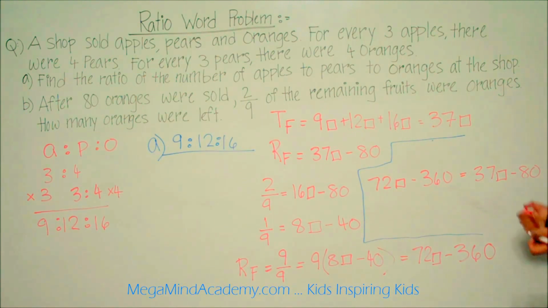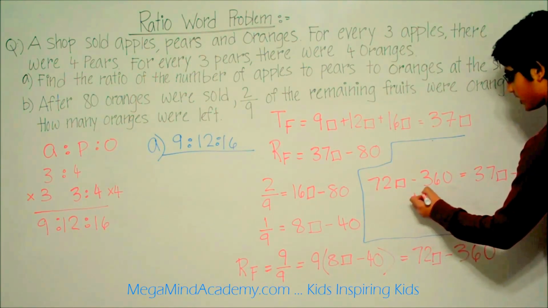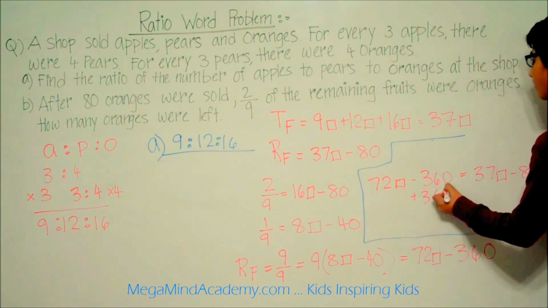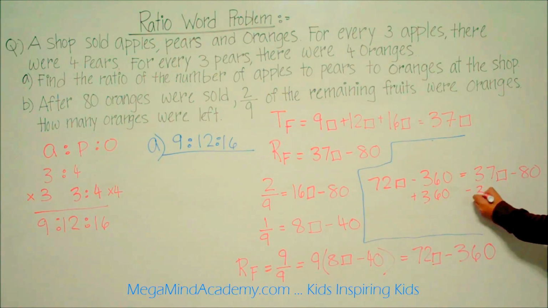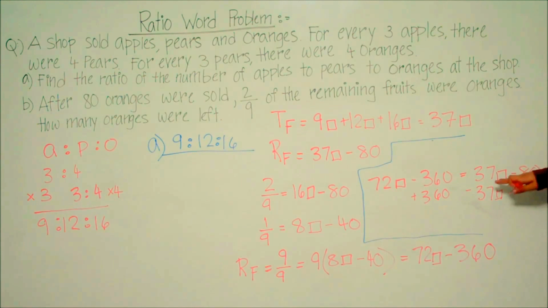Now let's get the numbers on one side and the units on the other side. So we add 360 to both sides to get rid of negative 360 from this side. And we subtract 37 units from both sides to get rid of 37 units from this side.